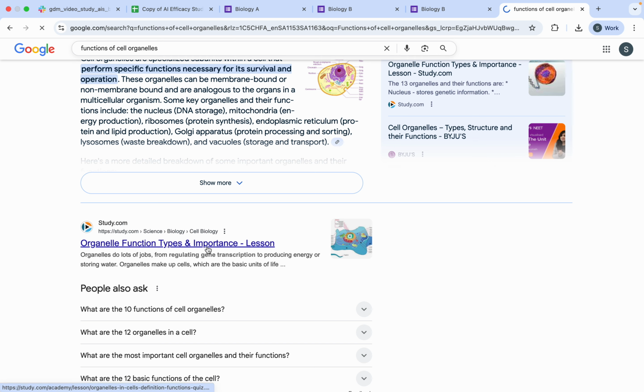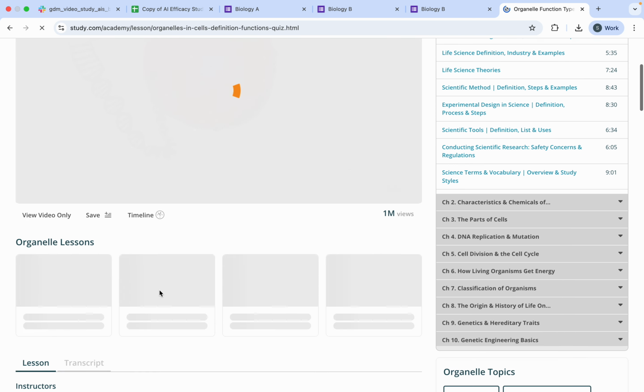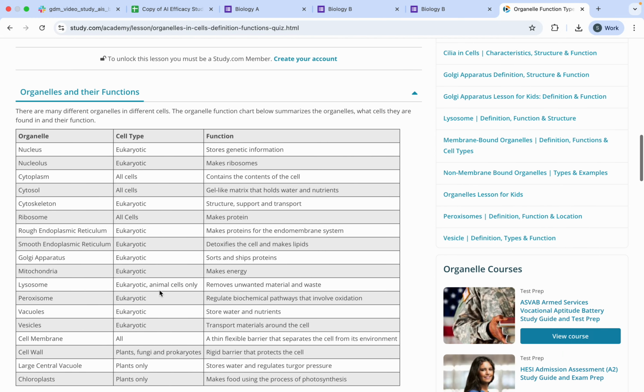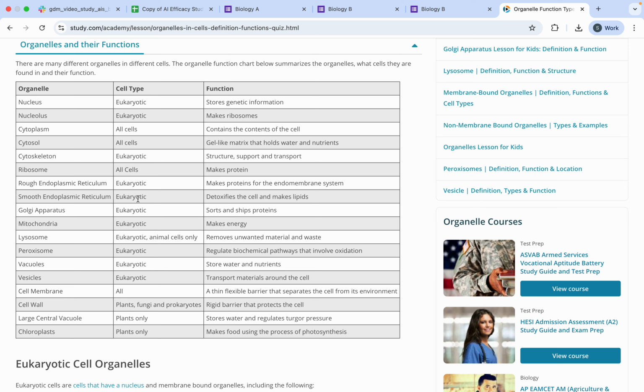Okay, so here we can see the organelle function types and importance. Okay, so these are the functions of this organelle. Nucleus is to store genetic information. Okay, nucleolus, it makes ribosomes.